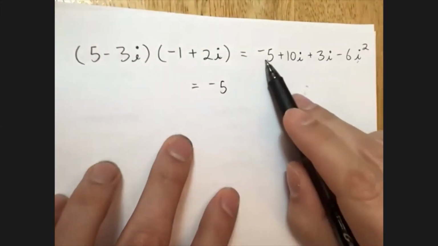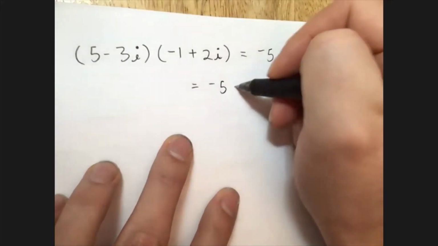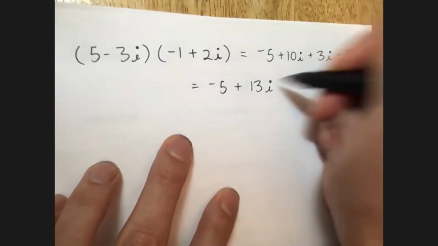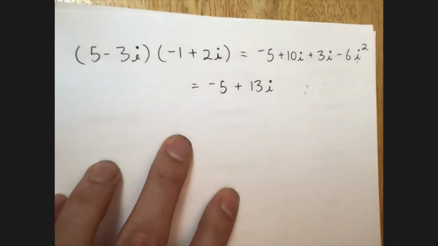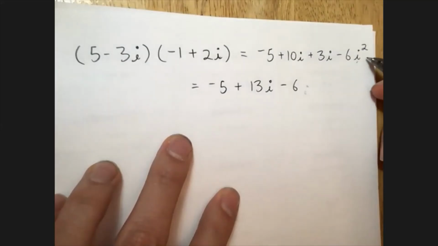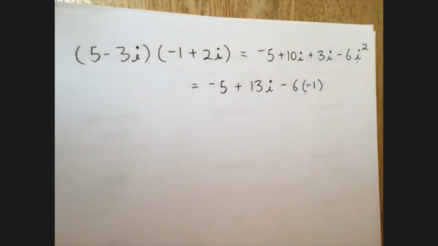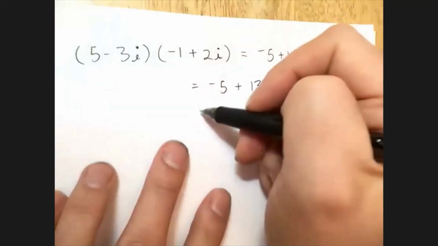The negative 5 here, I got 10i plus 3i. Those are like terms, so they combine. That's 13i. And then I have minus 6, and this i squared, negative 1. Okay.